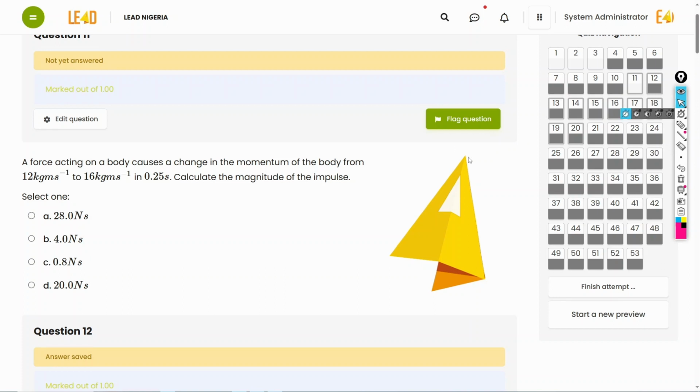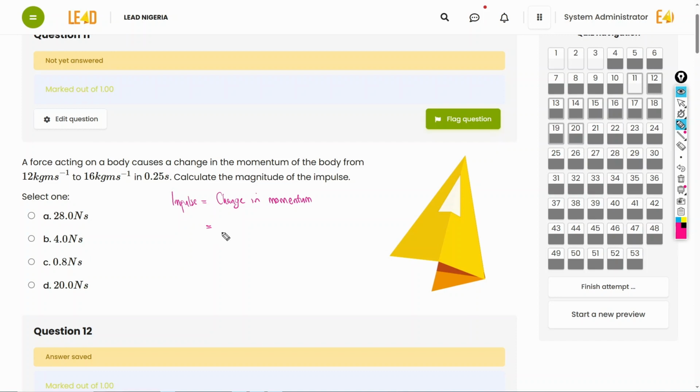All right. Question 11. A force acting on the body causes a change in the momentum of the body from 12 kg m/s to 16 kg m/s in 0.25 seconds. Calculate the magnitude of the impulse. So impulse is just the change in momentum, final momentum minus initial momentum.